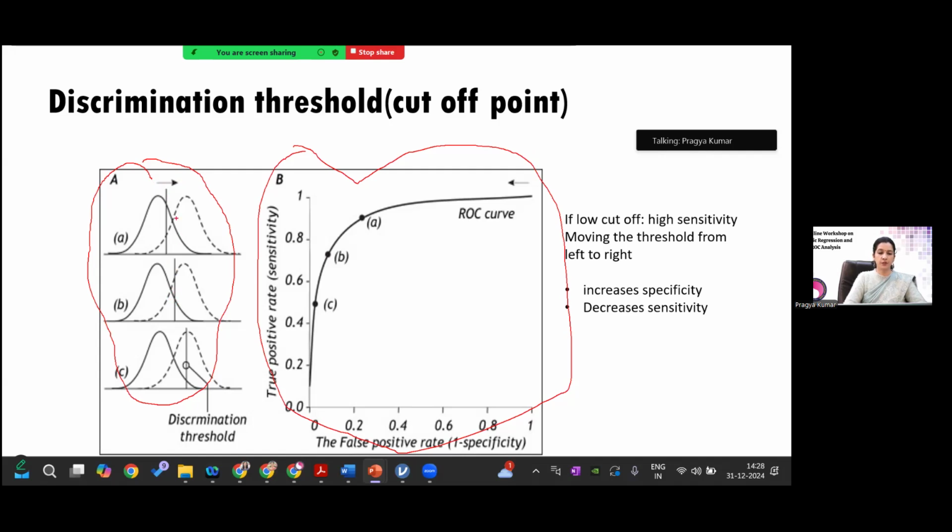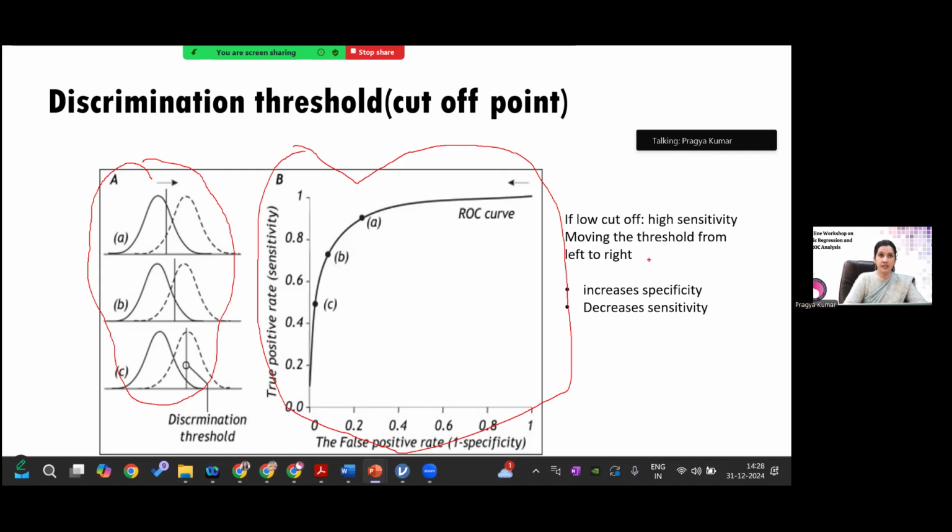It is showing that if you are increasing the cutoff, then, like we have seen earlier, there is a decrease in sensitivity. And if you set the cutoff low, then there is a high sensitivity.